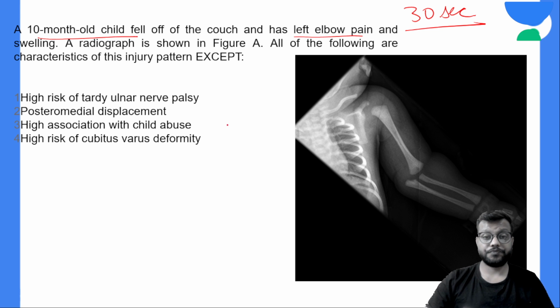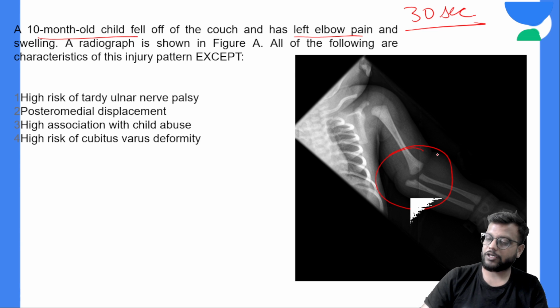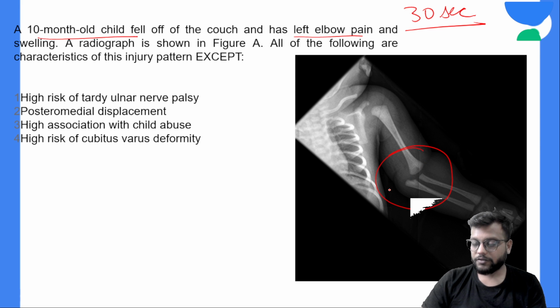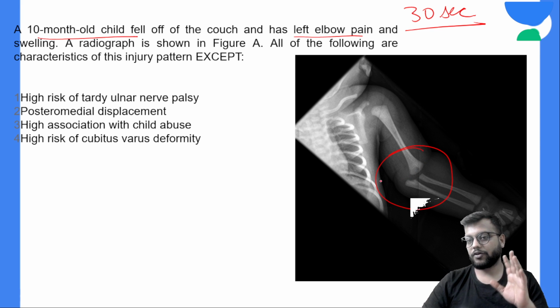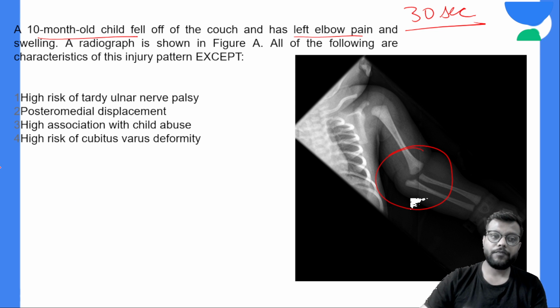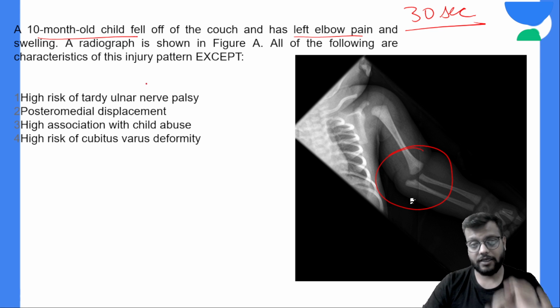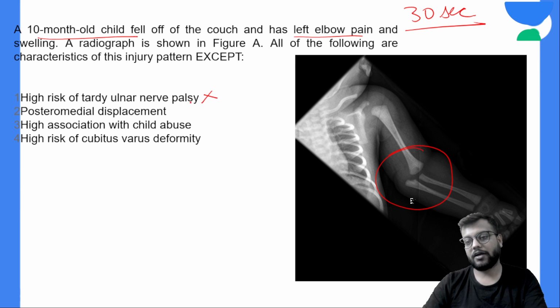Okay, so in the x-ray you can see that it is basically an elbow dislocation. So in children it is due to transphyseal dislocation of the humerus. There is an epiphyseal injury. Which of the following is characteristic except. High risk of tardy ulnar palsy, so generally there is no risk of tardy ulnar palsy.